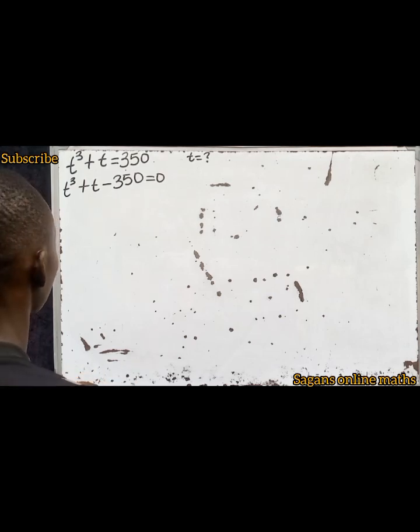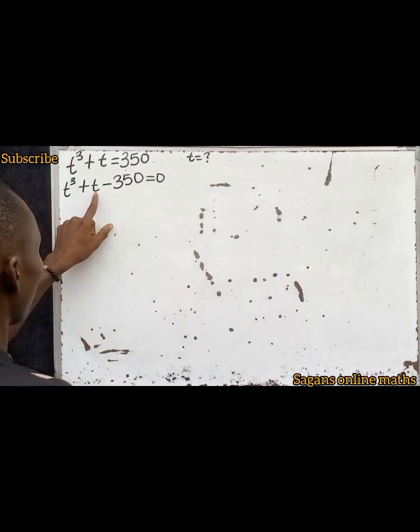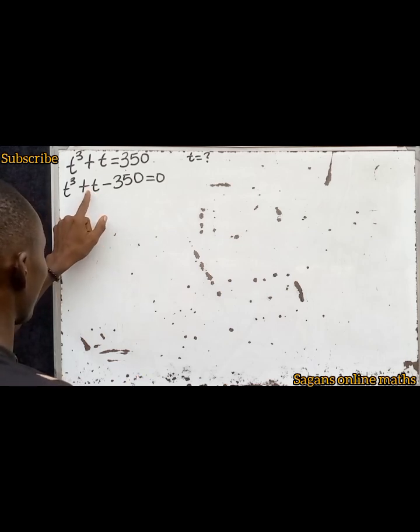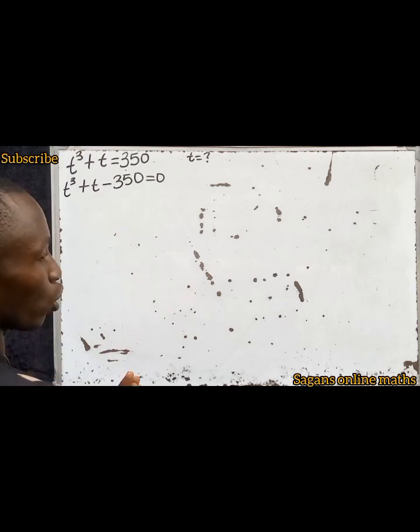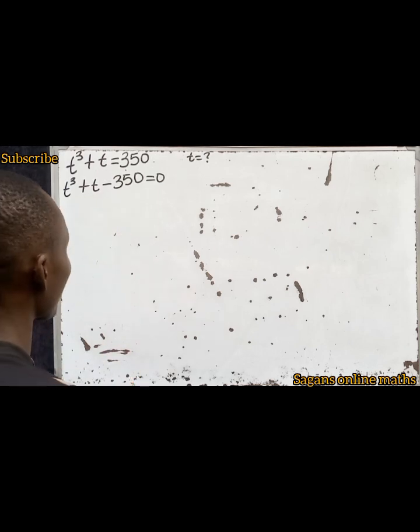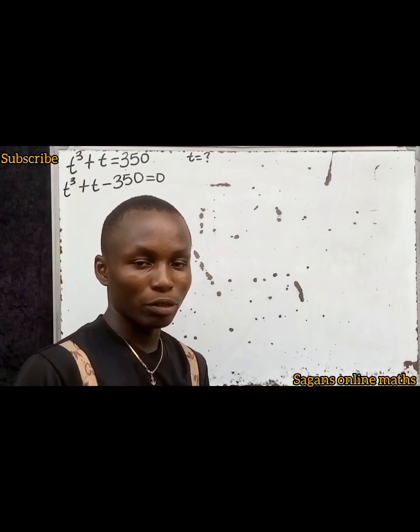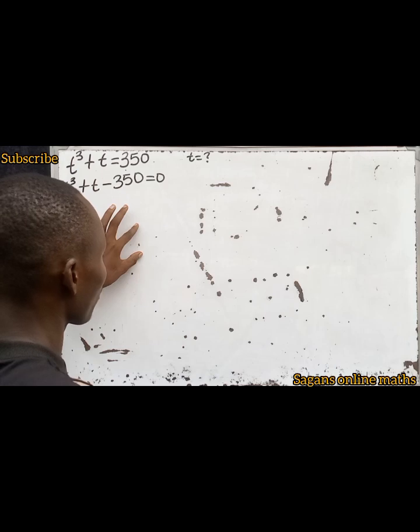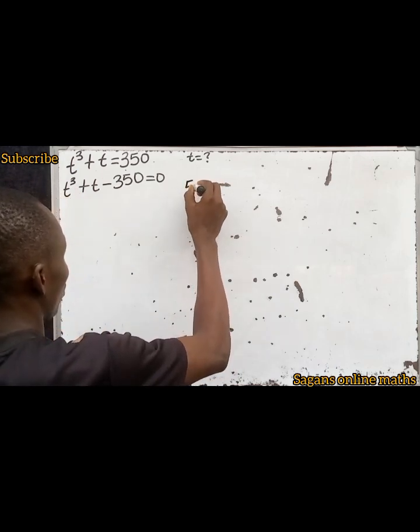Our second step is to consider our t here, because we all know that the coefficient of t here is 1. Now, after knowing that, let's concentrate on the constant here, which is minus 350. Remember that factors are numbers that divide exactly with no remainder.